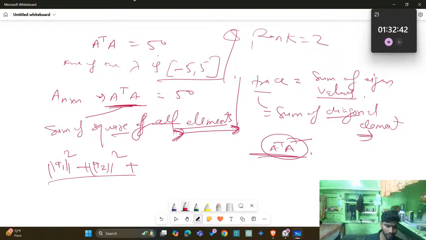These are the diagonal elements of this. So right. So what next?